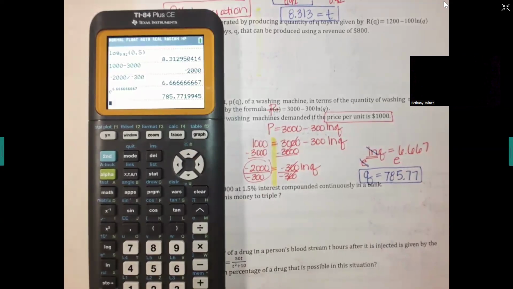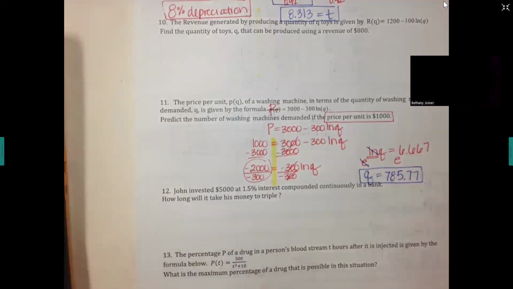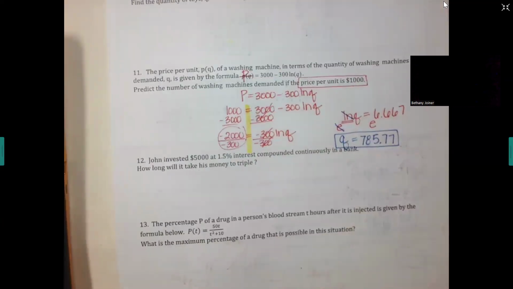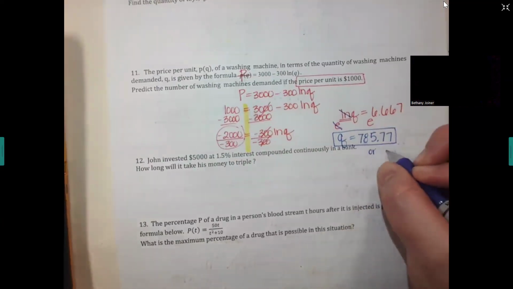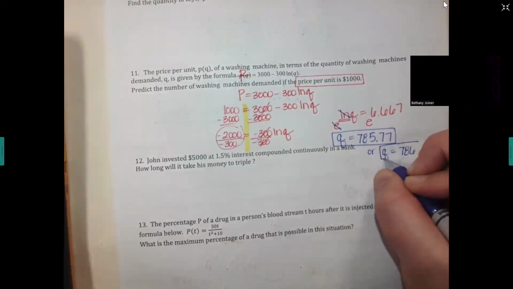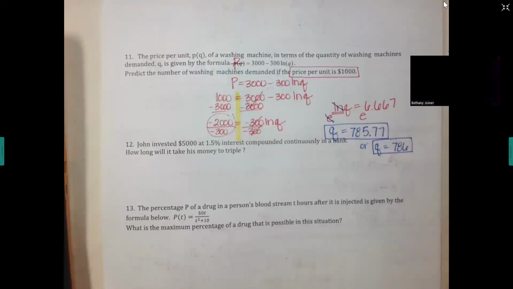Now, technically, if this is a number of washing machines, you really can't have 0.77 of a washing machine. So I'm actually going to edit that to be 786 washing machines. Think about what you're measuring: if you're measuring a number of washing machines, that really can't be a decimal.